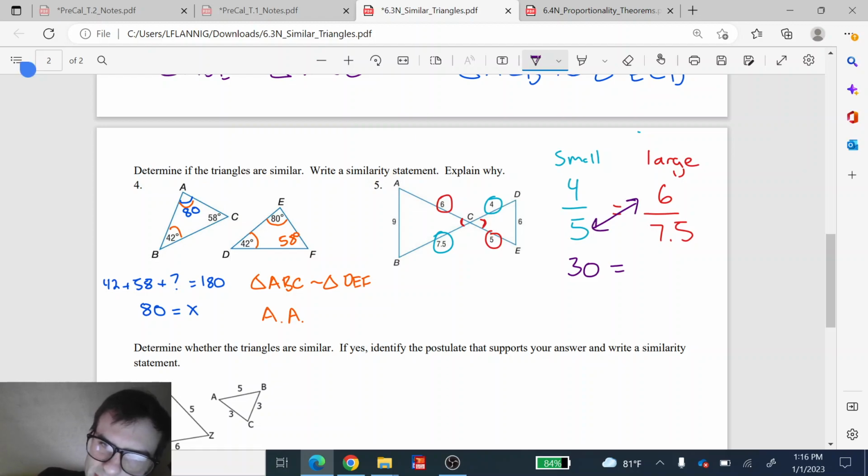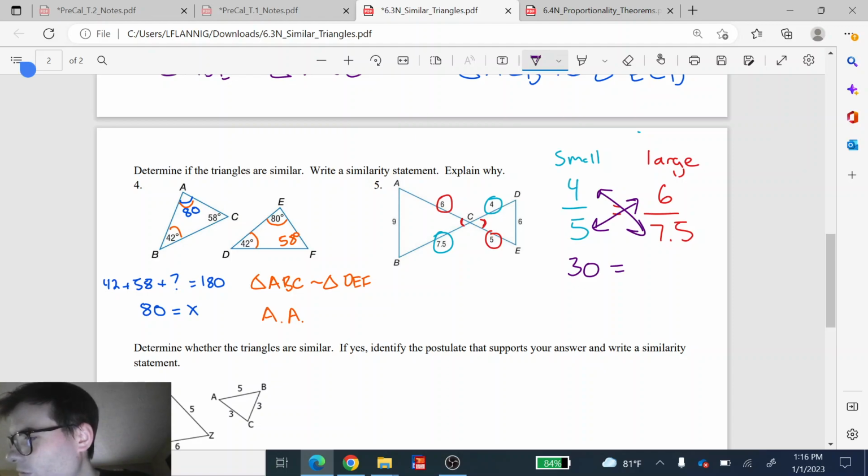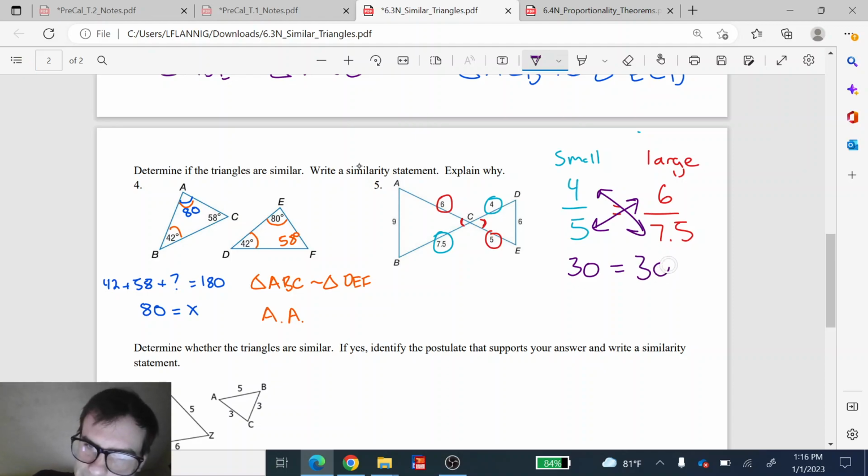And then 4 times 7.5 is also 30. And then because their scale factors are the same, right, they share that proportion, then we can say triangle ABC is similar to triangle CDE, and this is because of the side angle side.